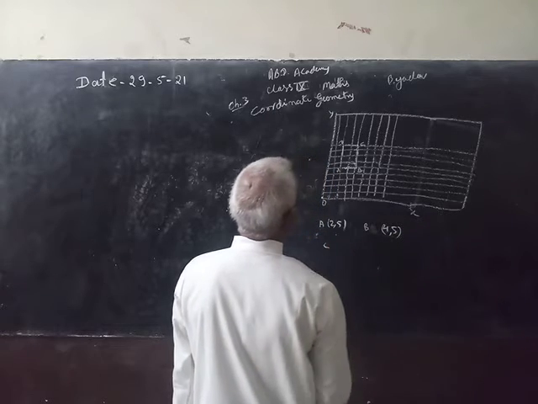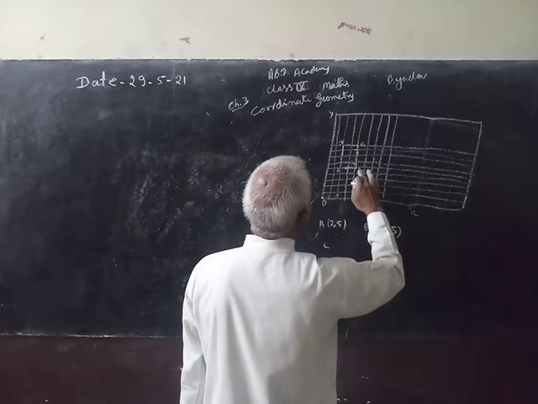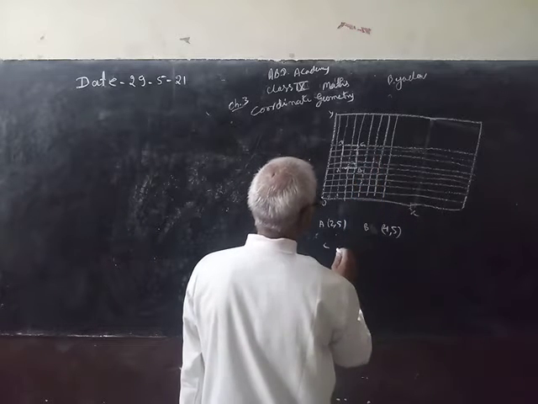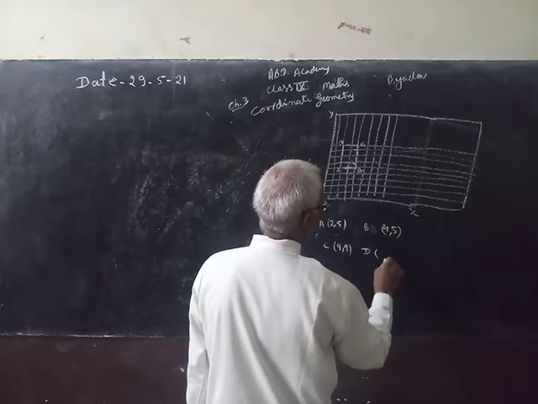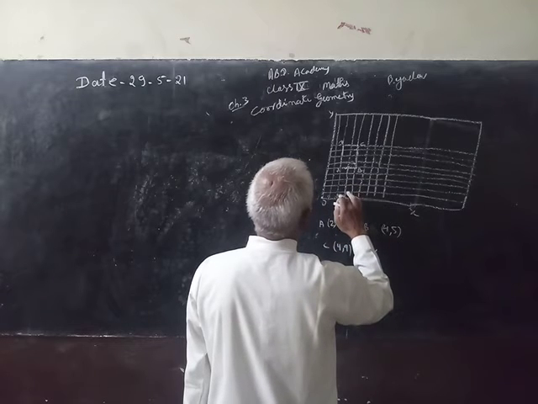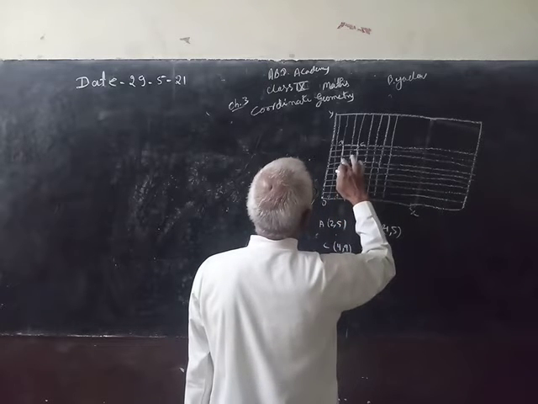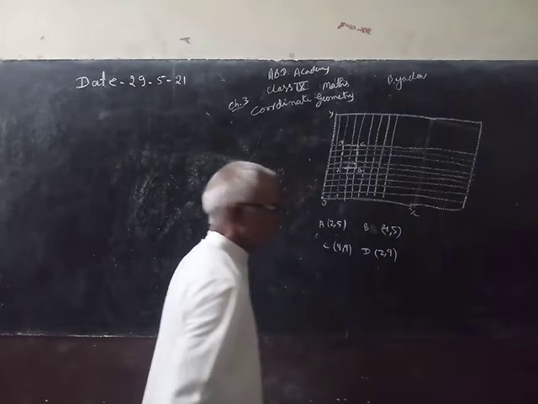Likewise, where is C? C is again 4 and then 6, 7, 8, 9. C is 4 and 9. And D is 2 and 9.